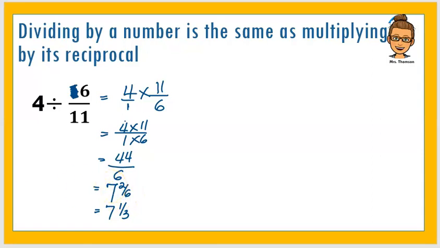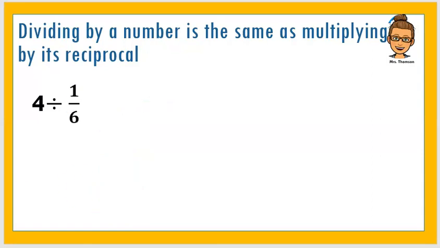Okay, now let us do one last one, but this one I want you to try by yourself. Pause the video, try it, and then come back and check if you got it right. All right, so let us look. We now have 4 divided by 1/6, and we know that that is going to be the same as 4 multiplied by the reciprocal, which is 4 times 6 over 1.